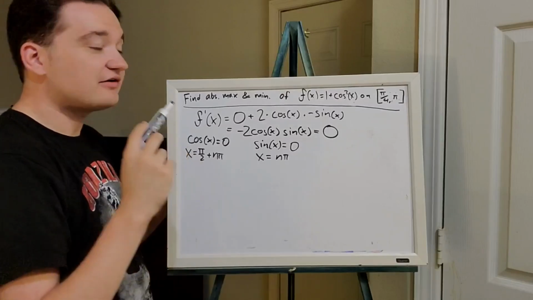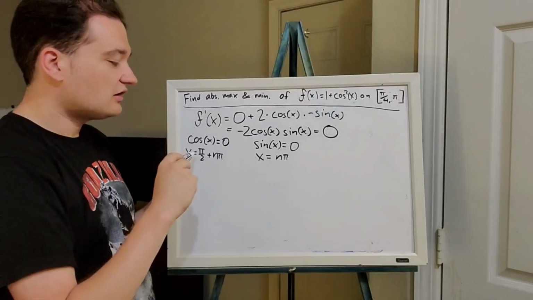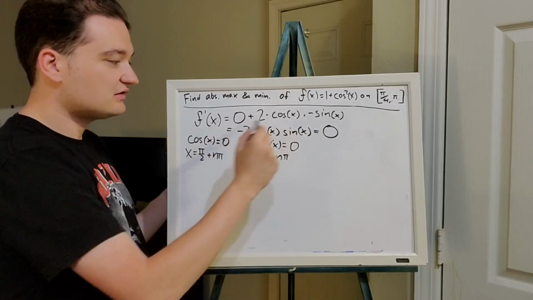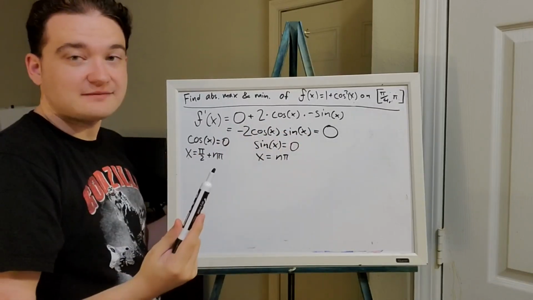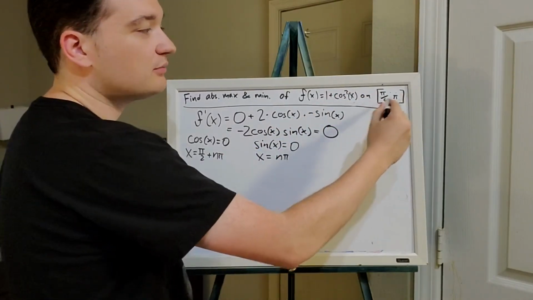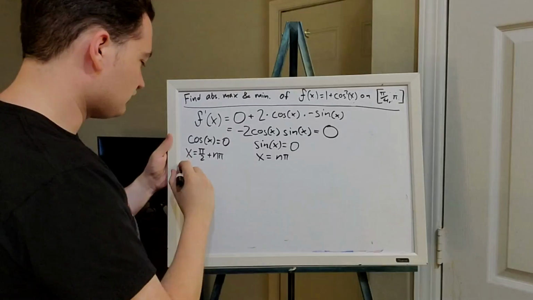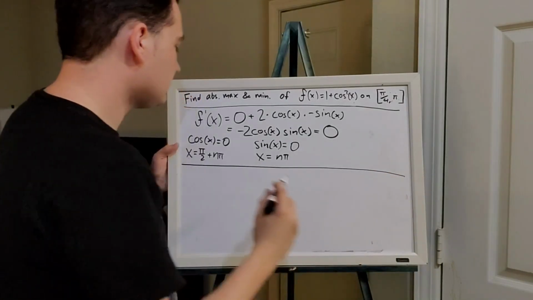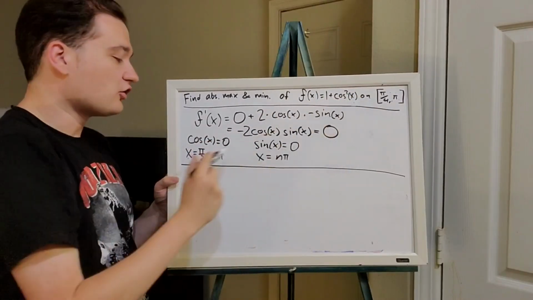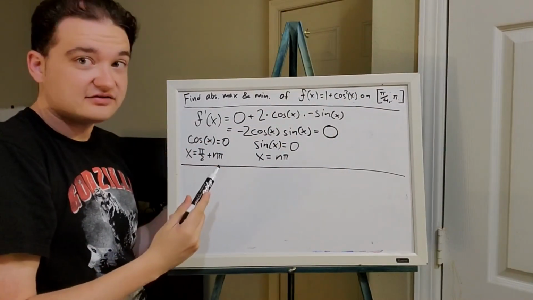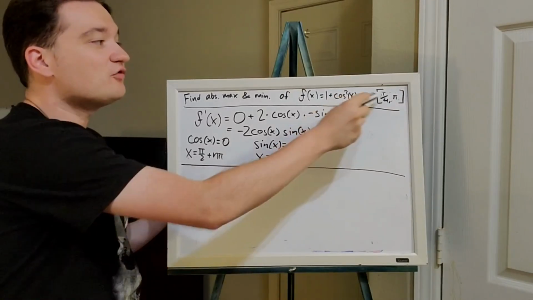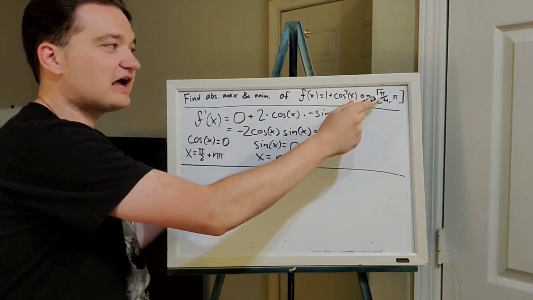Okay. Now here's the question. These are all the places where the derivative equals 0, right? But we're only concerned with points within this interval. So, pi over 2 is in this interval. Are any of the other critical points in this interval? No, because if we add pi or subtract pi, we move outside of the range from pi over 4 to pi.